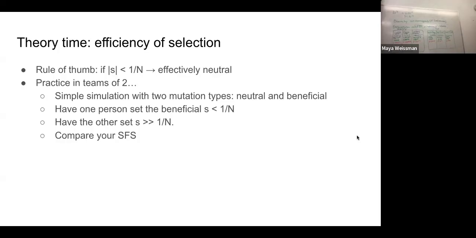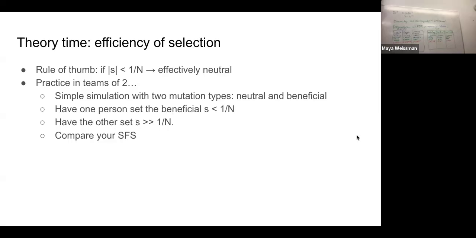Really small. Might not look like that. Okay, so what did you set S equal to? Yeah. All right, run it again.